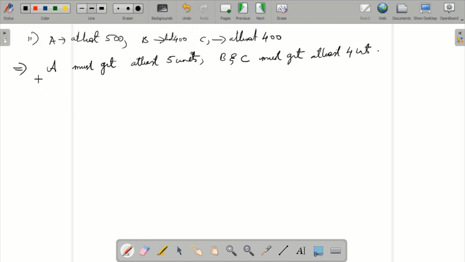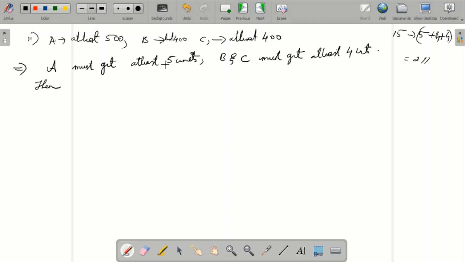Then what is remaining? You know that 15 units minus 5 plus 4 plus 4 would give you just 2.